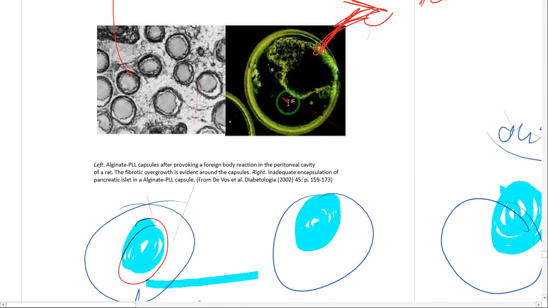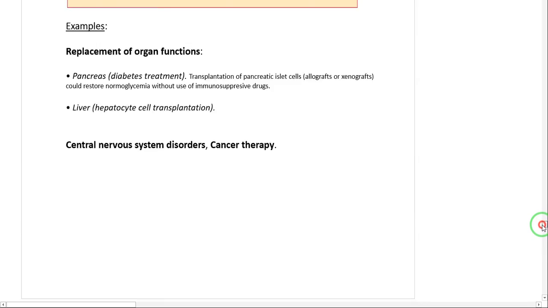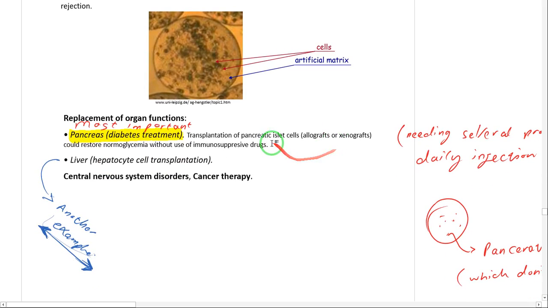Instead of introducing just one cell, we will encapsulate the cell islets. You saw it here. I'm sorry that I'm going up and down. I just want to show you that we said we will encapsulate the cell islets. And what are the islets?